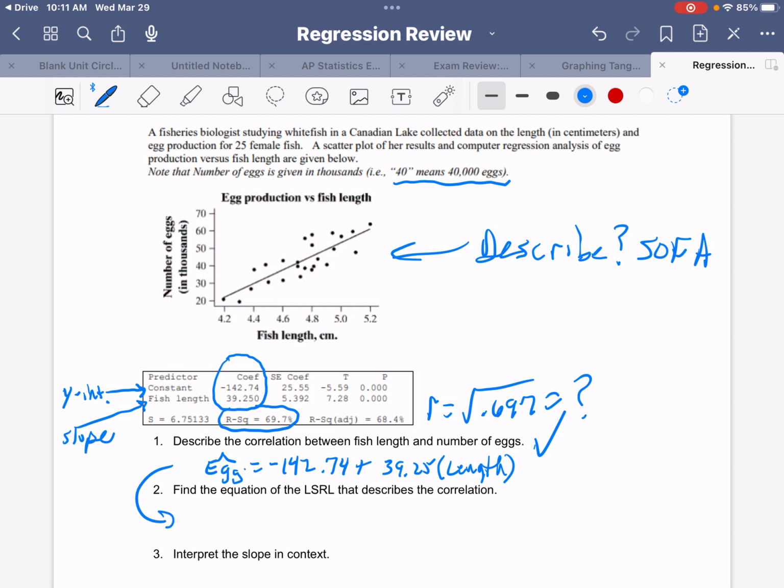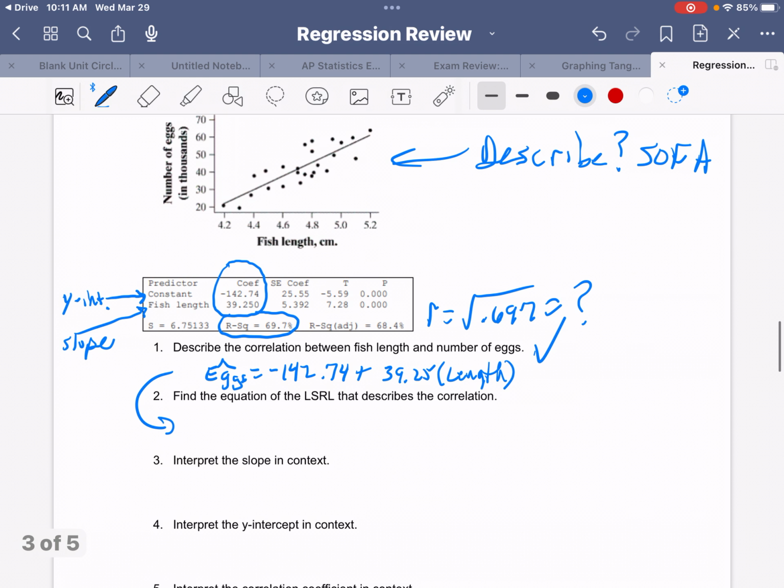Now, could you interpret the slope in context? Be careful here. 39.25 over 1 does not mean that for every extra 1 centimeter of length you get 39.25 more eggs. Nope.